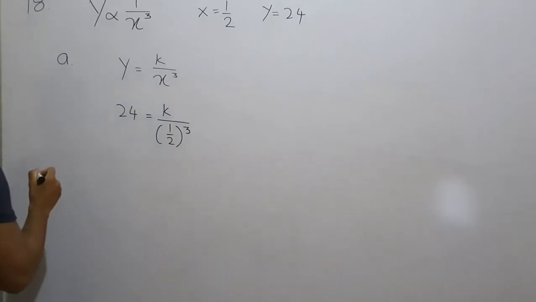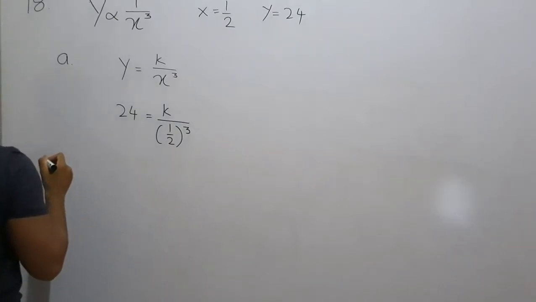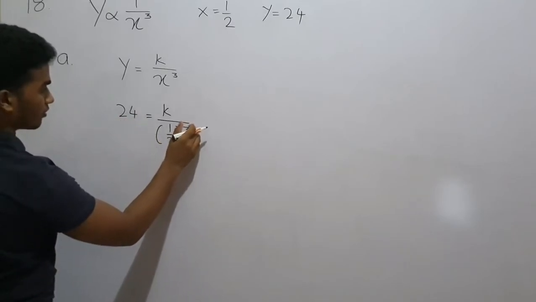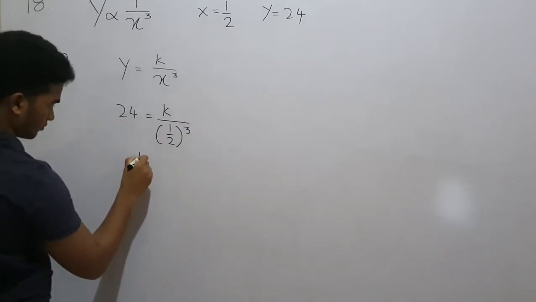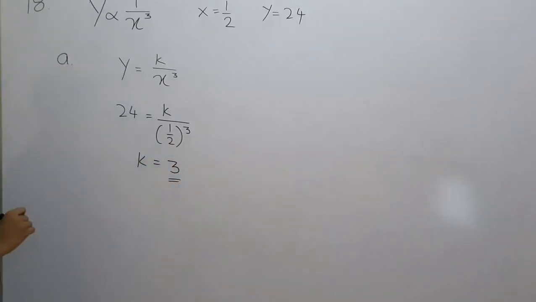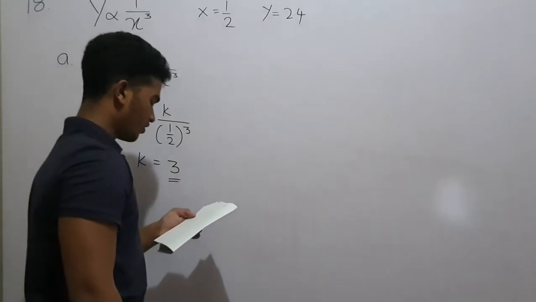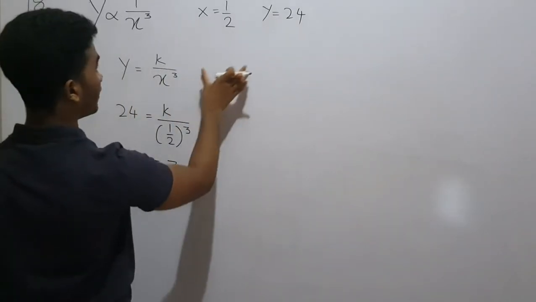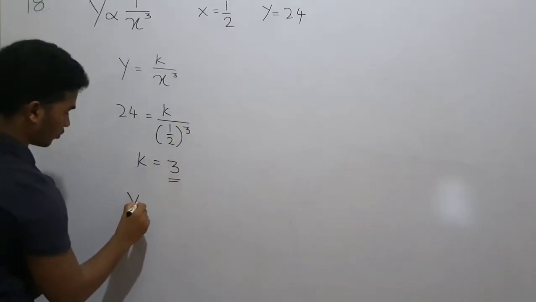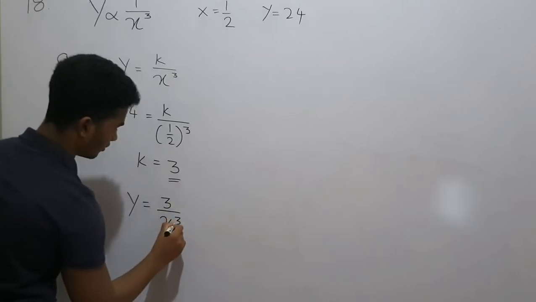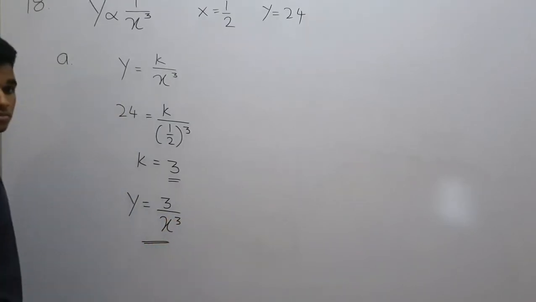So the value of k, when you cross multiply it after cubing it, is 3. K is equal to 3. Then part B. So this is our k value. We'll write the final equation as y equals 3 divided by x cube. This is our final equation.